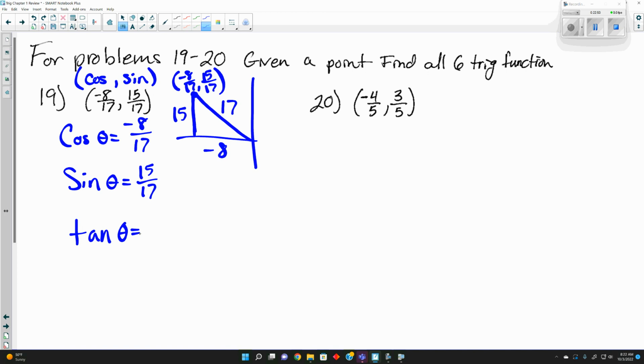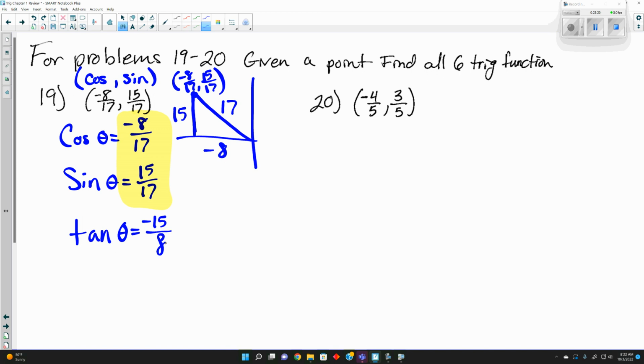If we didn't set the triangle up, we could have plugged these into the calculator and divided it, sine over cosine. So 15 over 17 divided by negative 8 over 17, which gives us negative 15 over 8, opposite over adjacent.